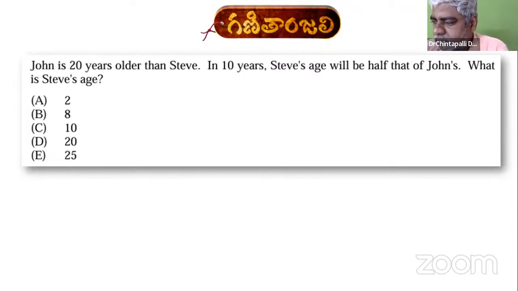If we take Steve as X, sir, then John is going to be X plus 20. That's good. Or you can verify the options also. Got the answer?